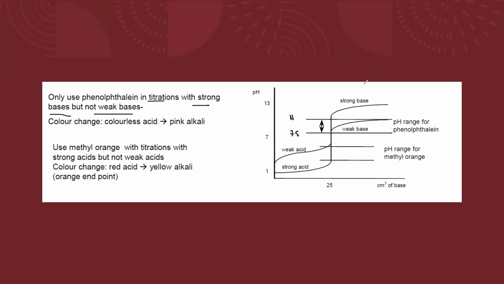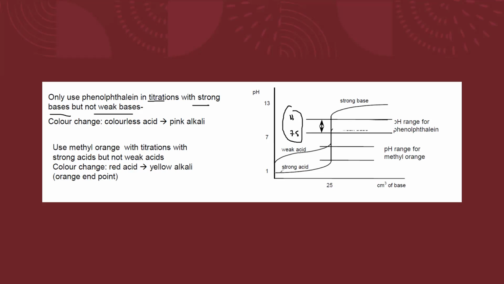In this part, it is showing a color change. So if the reaction is between a strong acid and a strong base, or a weak acid and a strong base, then you can use phenolphthalein, because this vertical part will be there.